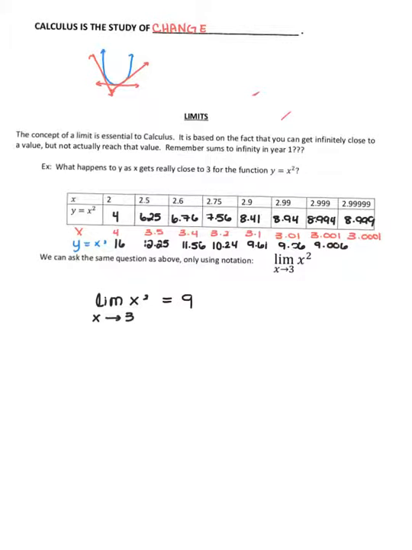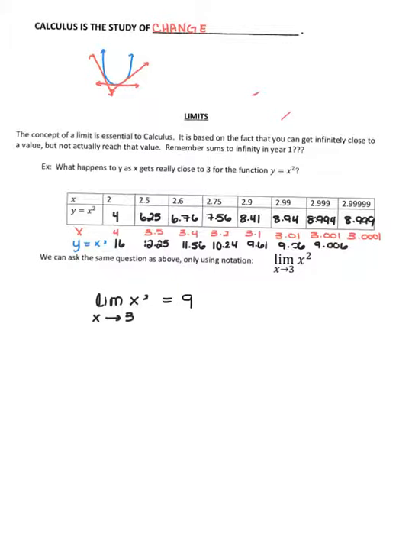Now that's easy, but of course, with calculus and with limits, you can't always just plug something in and get an answer. If your function doesn't have a hole in it, if it's continuous, just like x squared or x cubed, then that's fine, you can plug it in if there are no problems within your graph. But as soon as we start dealing with discontinuous functions or piecewise functions, then we start running into issues.